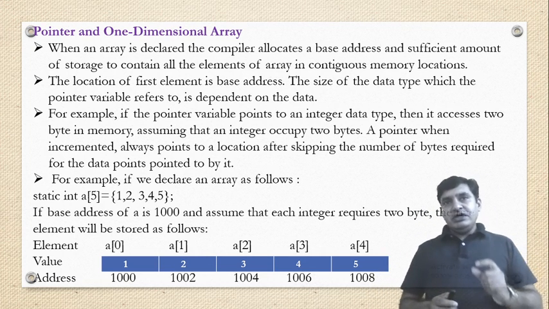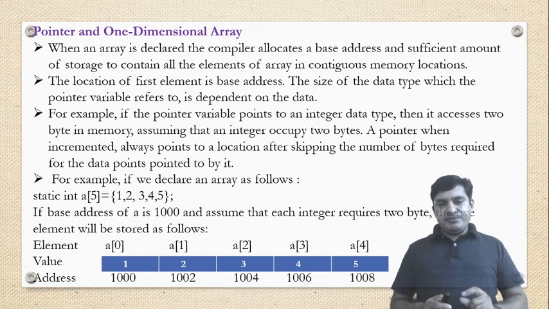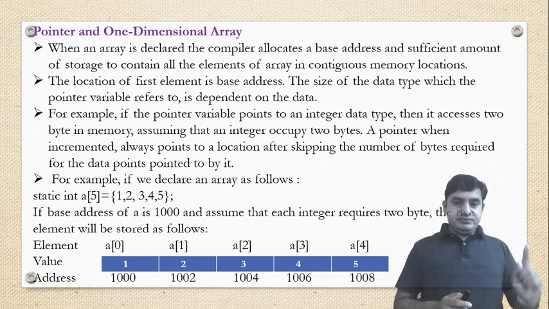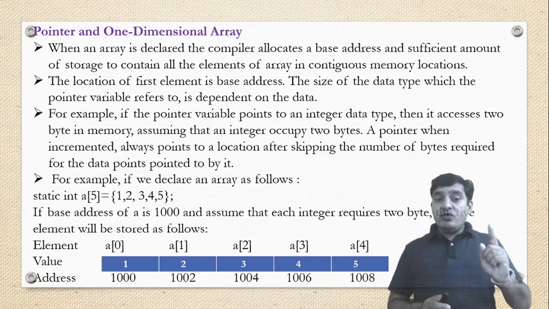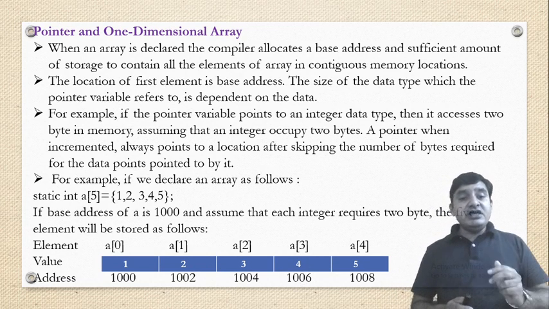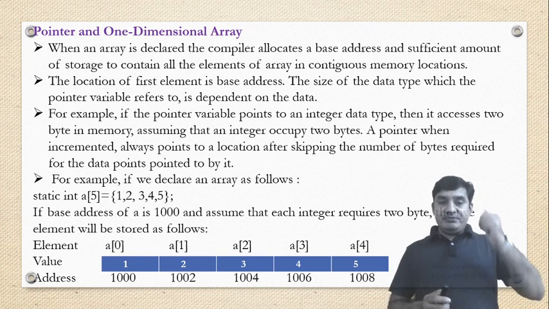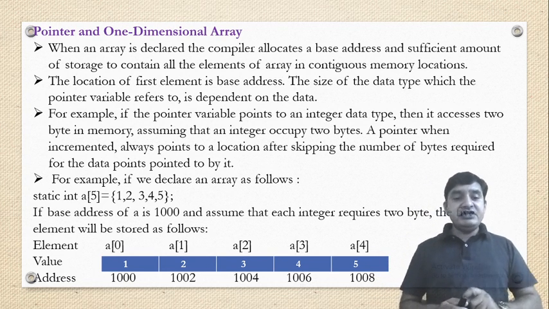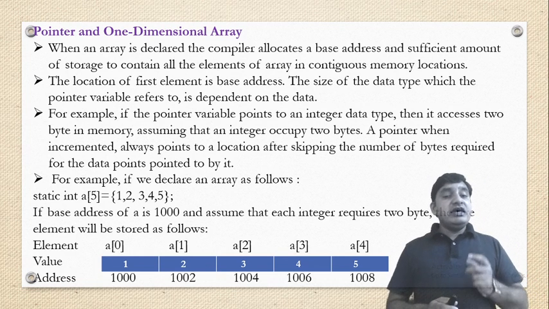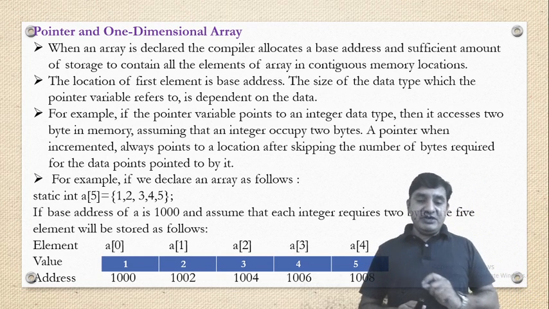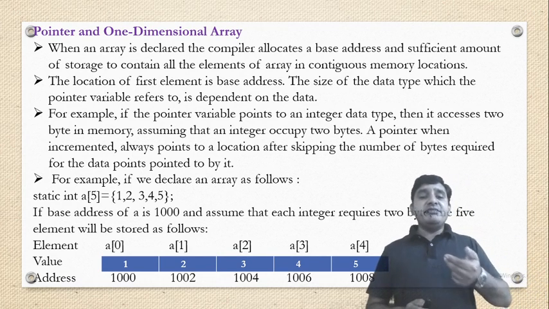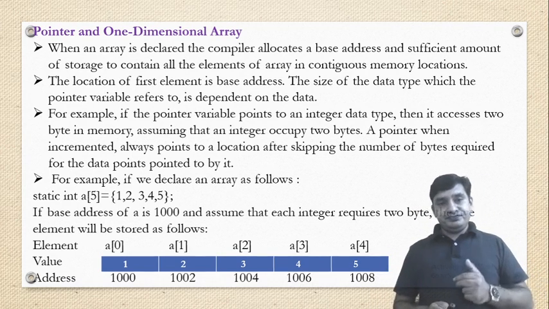We know that each memory cell consists of 1 byte, but here we use 2 bytes, and therefore the address of the first element is 1000 and the address of the second element is 1002, so it is incremented by 2.